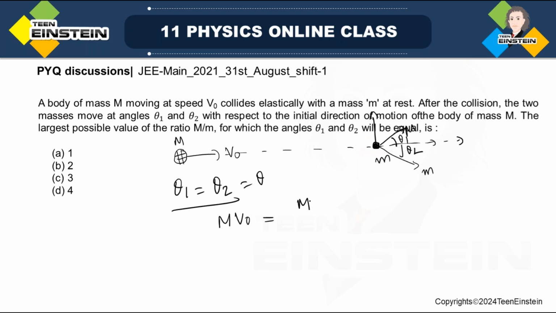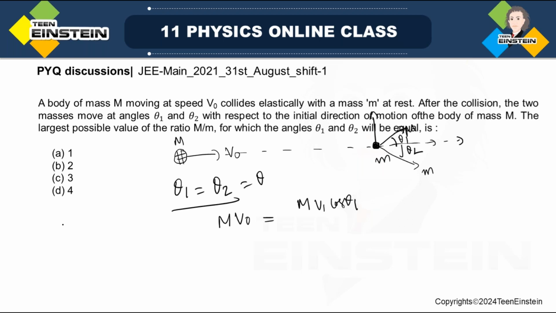Capital M collides with v0. Let us take that initial momentum mv0, that will be equal to mv1 cos theta 1 along the x direction.